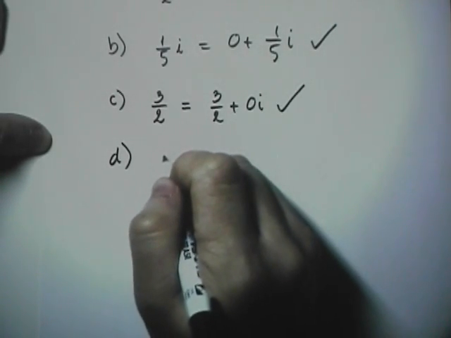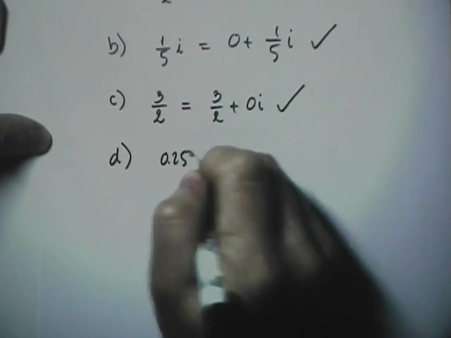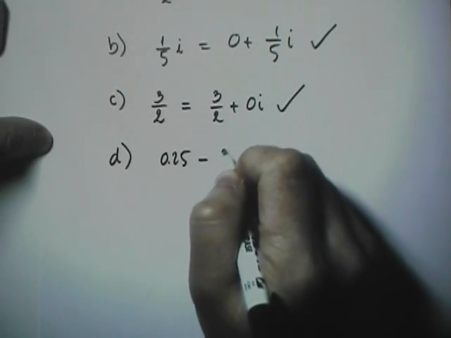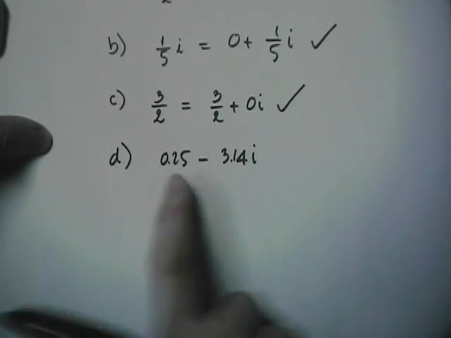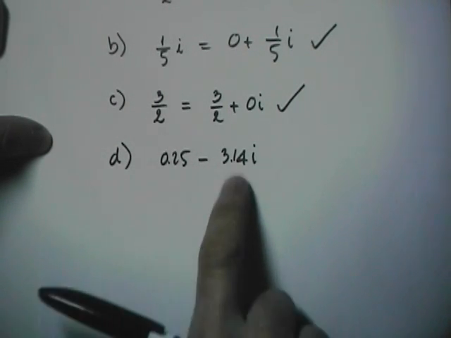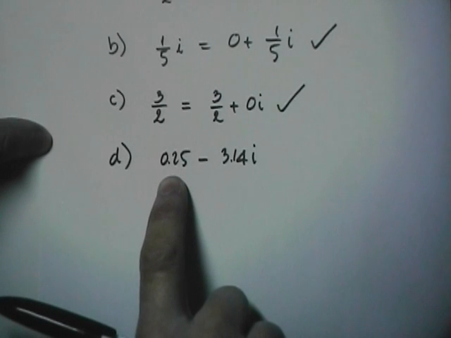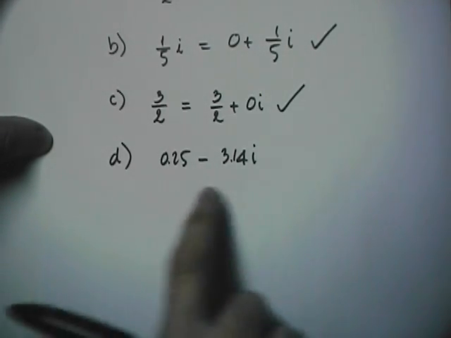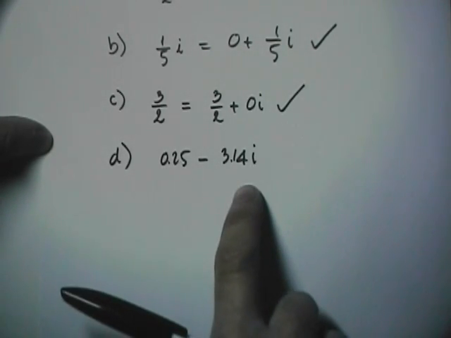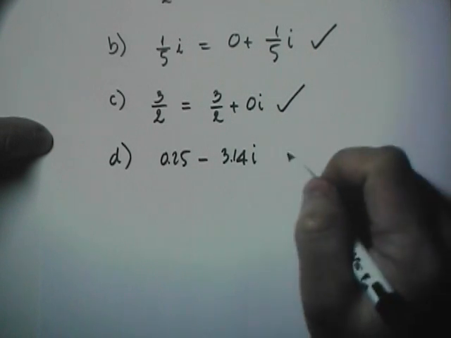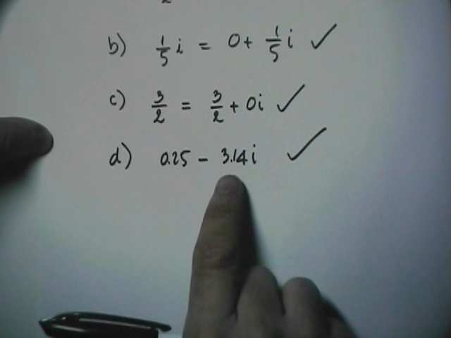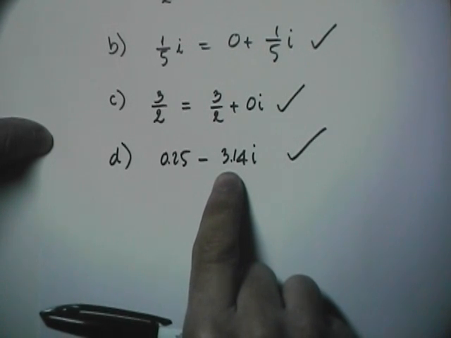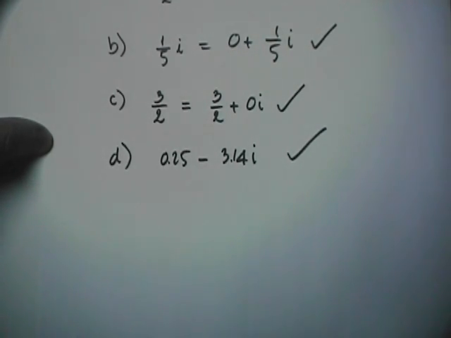Okay, and so for another example, we can have 0.25 here, and minus 3.14i. Now the number part looks kind of weird, I mean, it looks kind of not whole. However, is this whole thing right here a complex number? The answer is yes, once again, because we simply have two components: there's a real component and there's the imaginary component, minus 3.14.